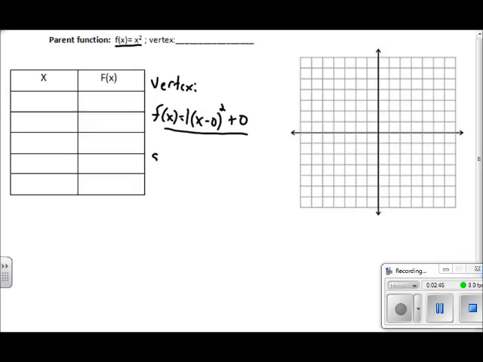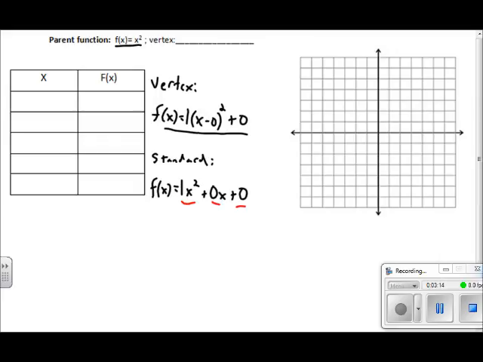If we wanted to see it in standard form, again we'd have f of x equals ax squared plus bx plus c, or we'd have ax squared plus 0x plus 0. Because our b and our c are just 0, we're only left with this x squared. So that's how it looks.